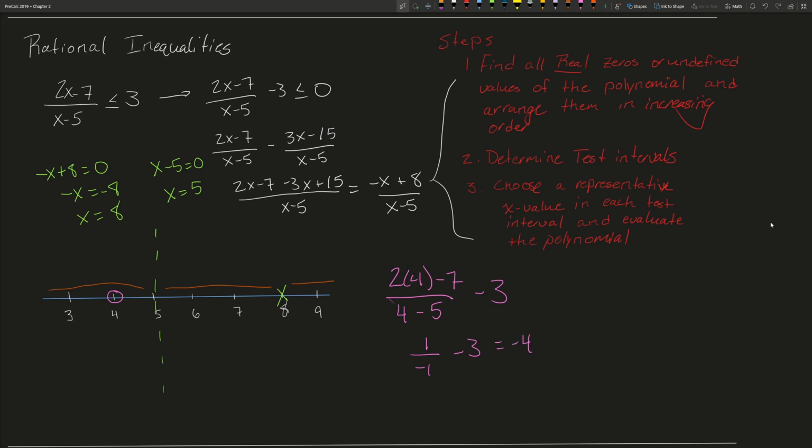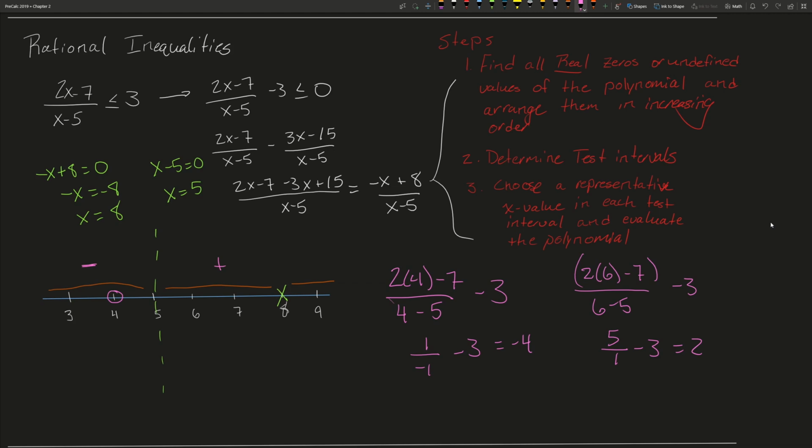So everything to the left of 4 will be negative. Then we need to pick something between 5 and 8. So let's choose 6. When we plug 6 into x, we get 2 times 6 minus 7 divided by 6 minus 5 minus 3. When we simplify that, we get 5 over 1 minus 3, which is equal to 2. Because this is positive, everything in this interval will also be positive.